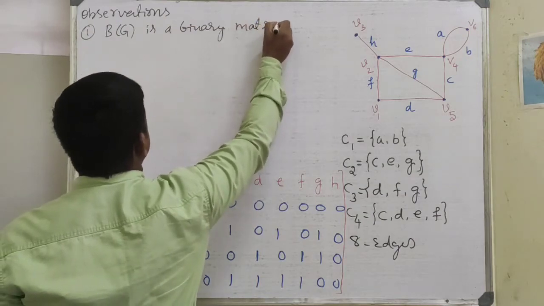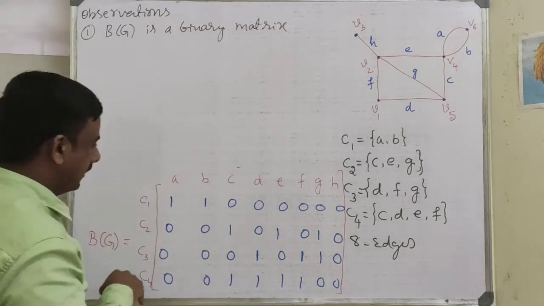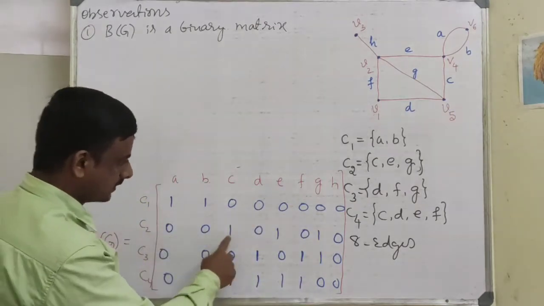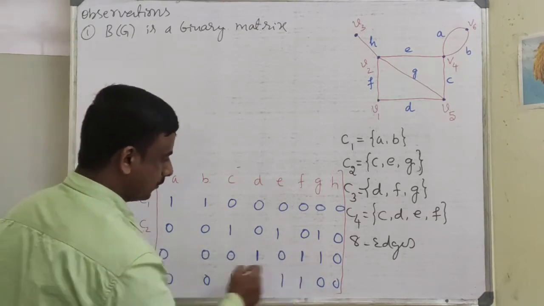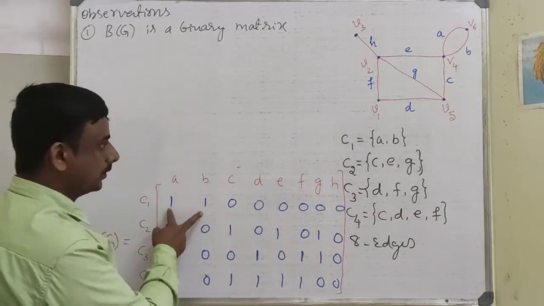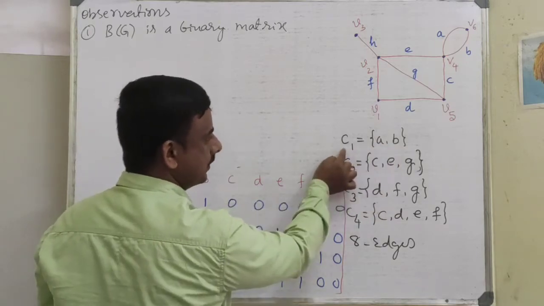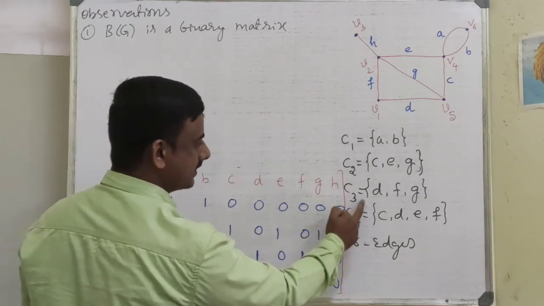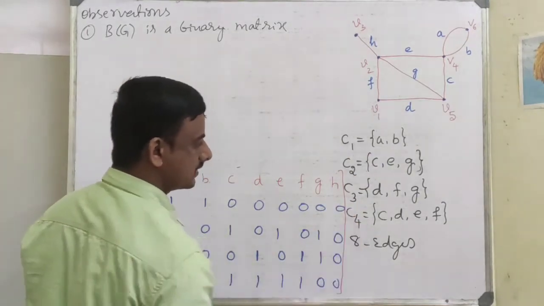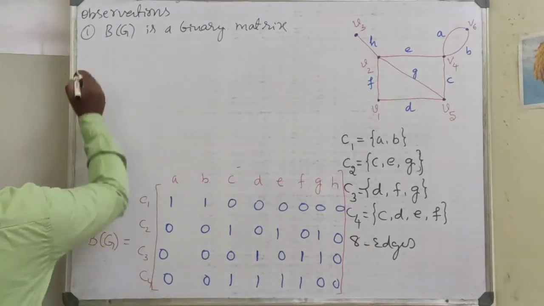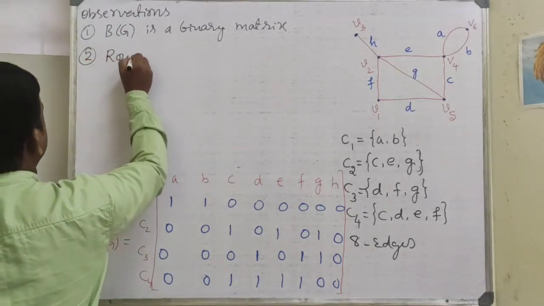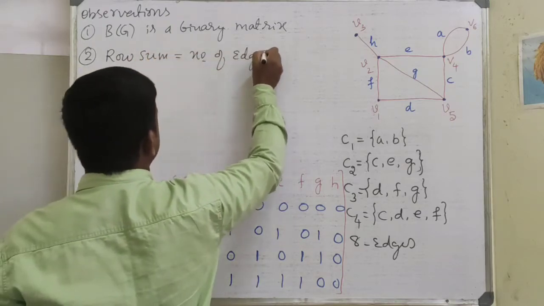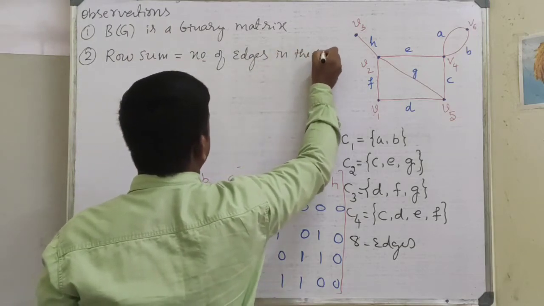Number 2: if you take a row sum, here the sum is 2, here 3, here 3 again, and 4. So the sum 2 means there are 2 edges in C1, sum 3 means 3 edges in C2, sum 3 means 3 edges in C3, and sum 4 means 4 edges in C4. So the row sum gives you the number of edges in the corresponding circuit.